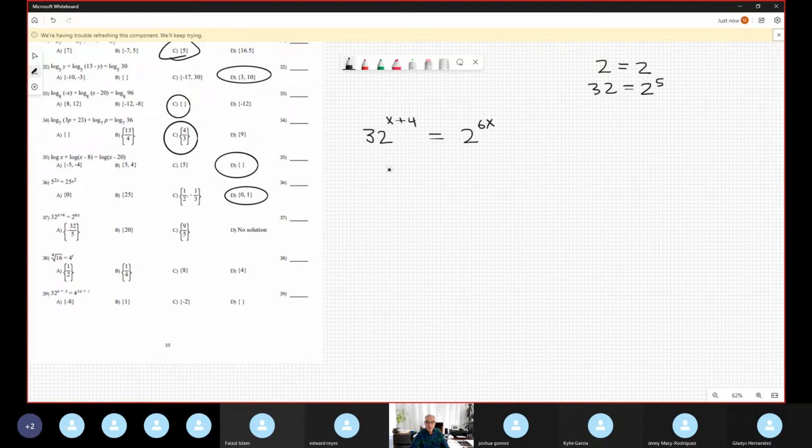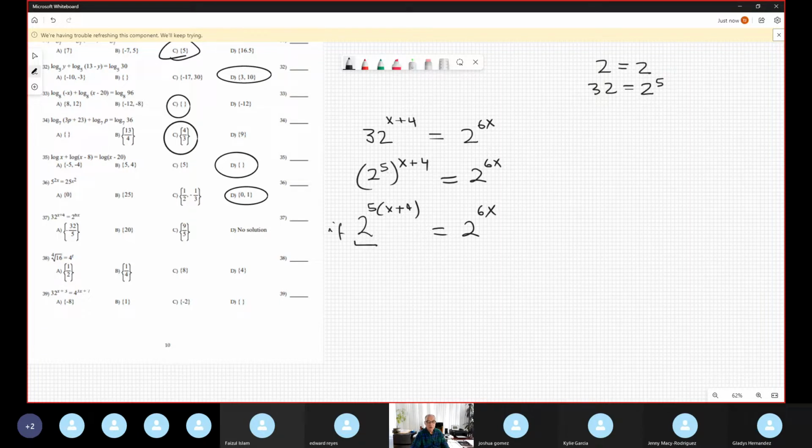If you multiply 2 five times, you get 32. You replace 2 to the 5th power raised to the x plus 4 is equal to 2 raised to the 6x. And now multiplication. 5 times the binomial x plus 4 equal to 6x.